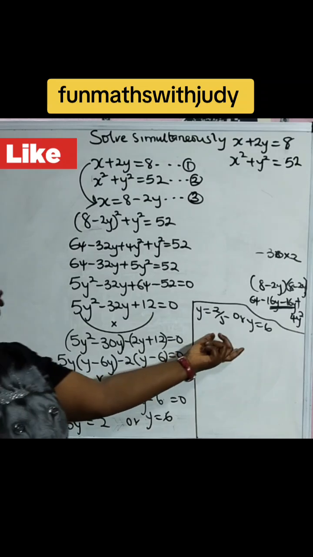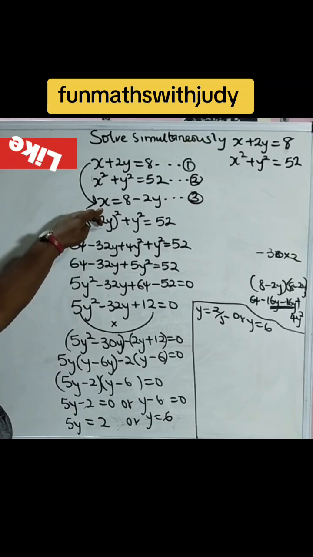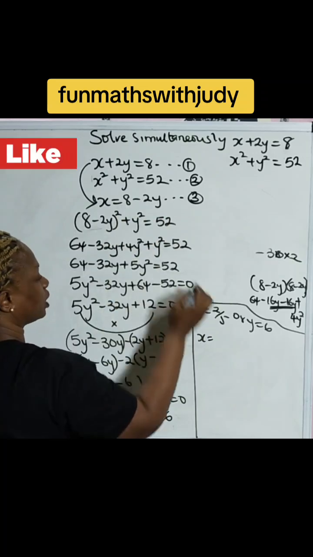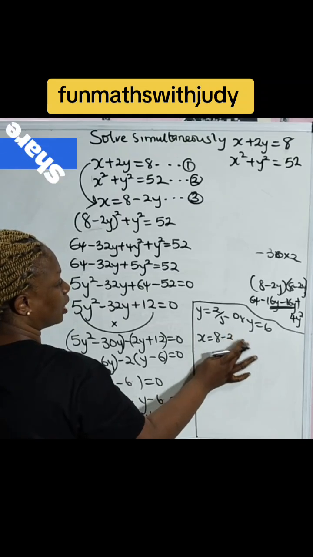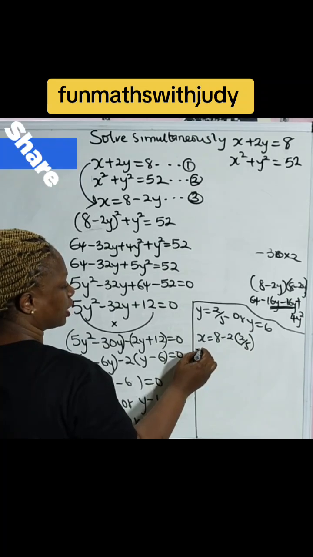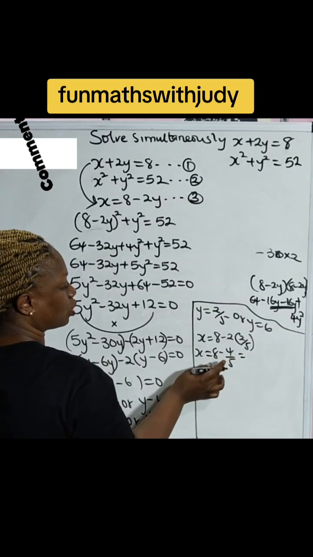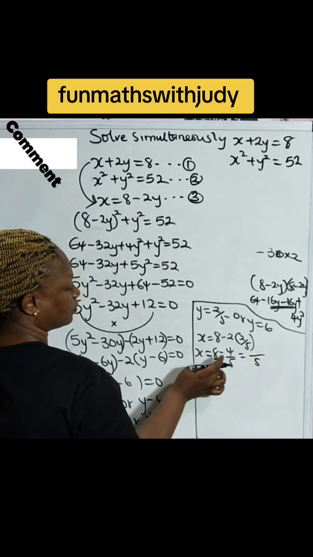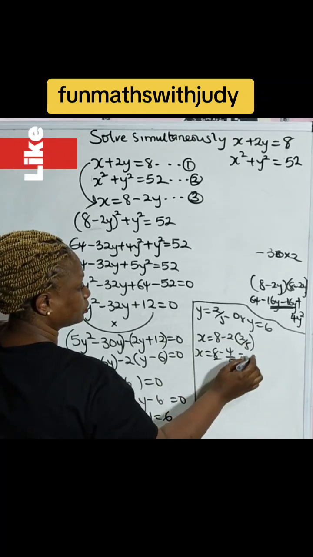Now let's substitute these two values in our equation 3 for us to get the value of x. We now have that x is equal to 8 minus 2y. We are now removing y and putting 2 over 5. So x will give us 8 minus 4 over 5, which is equal to, LCM here is 5. 5 into 5, 1, 1 times 8, 8.